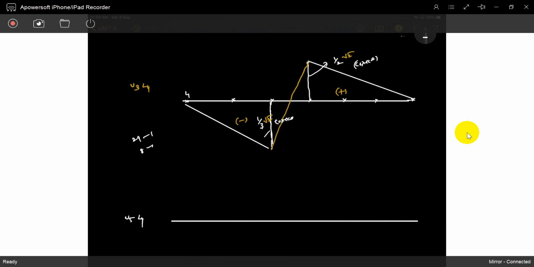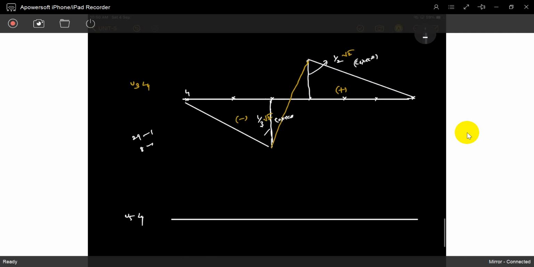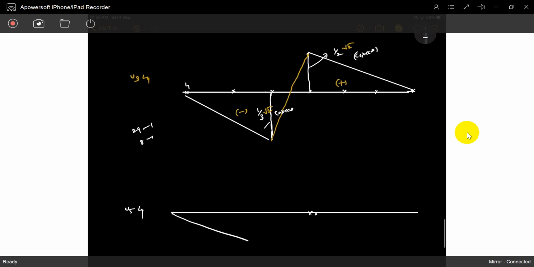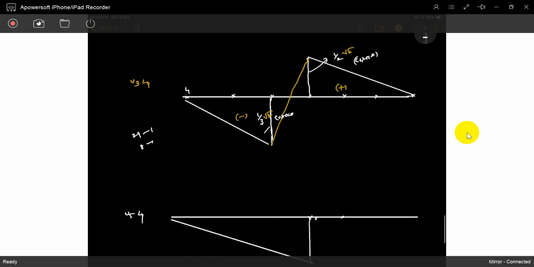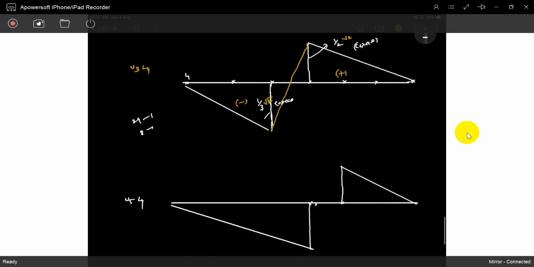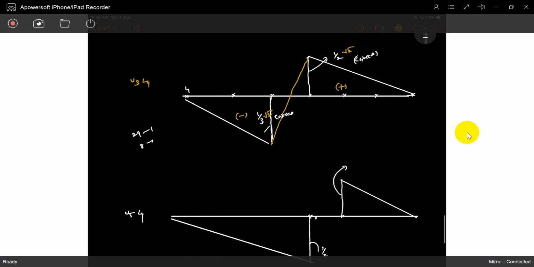So exactly opposite, U5 L4. Where is L4 now? Okay, it's L4. So L5. L4 is 1 by 2.